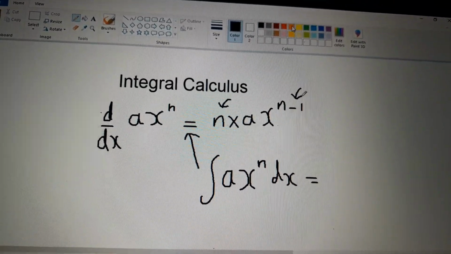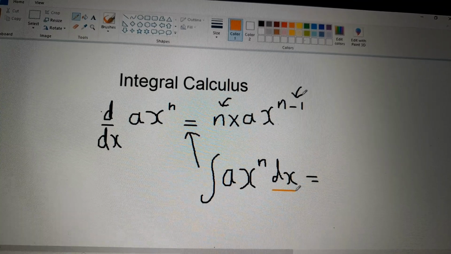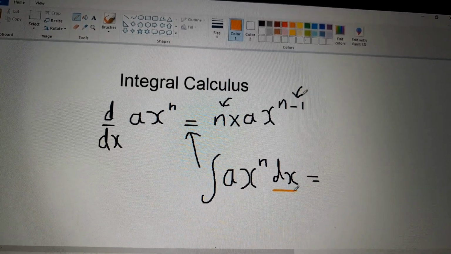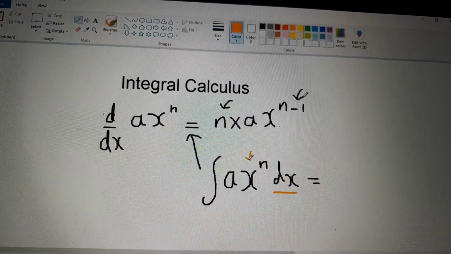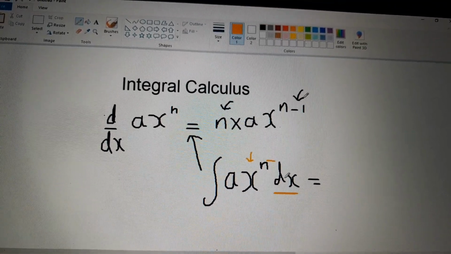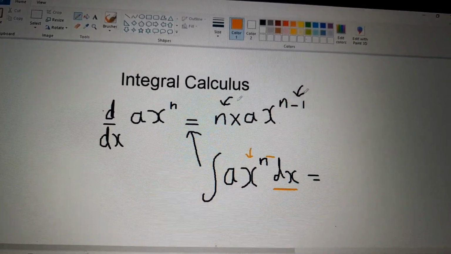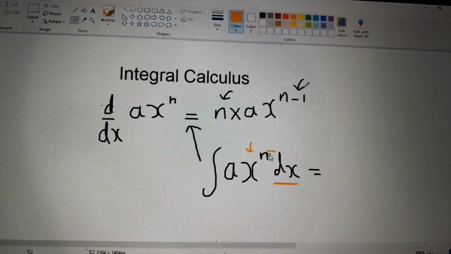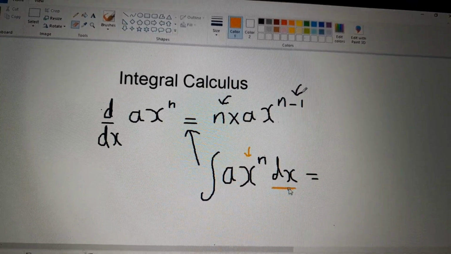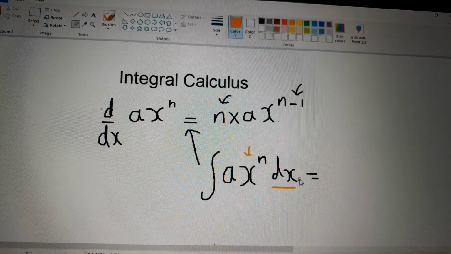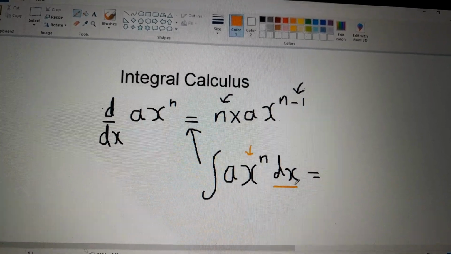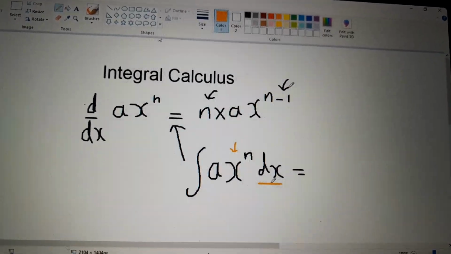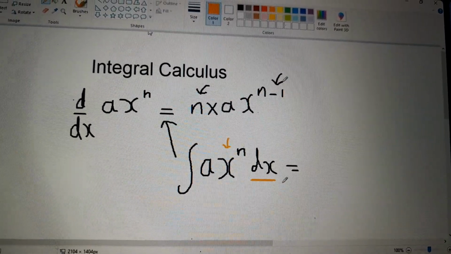Now this dx is important here because this is saying we are integrating with respect to x. So we are focusing on x and its power. Right? If you see dt, it means we are integrating with respect to t. If you see dr, we're integrating with respect to r. And you will see some of these coming up very soon, where you might see dy or dt.